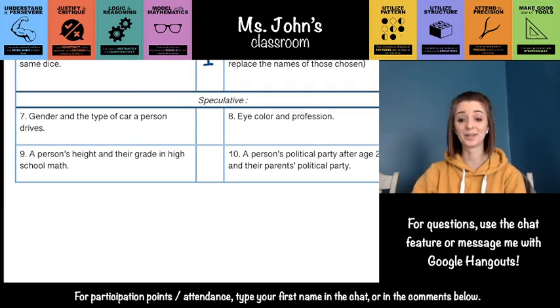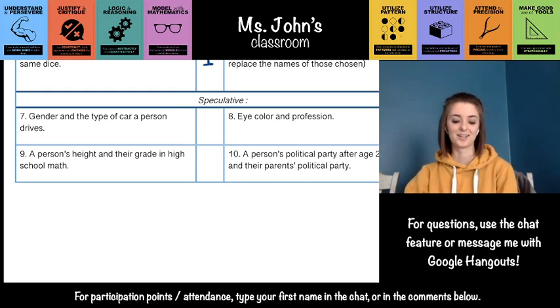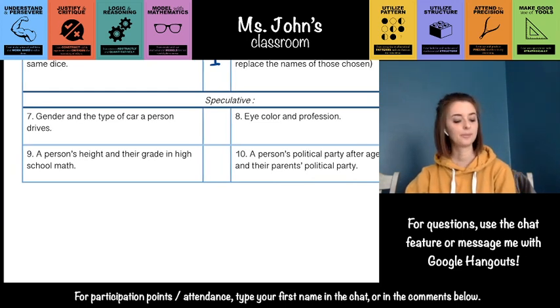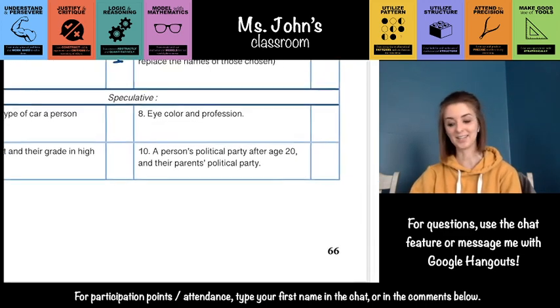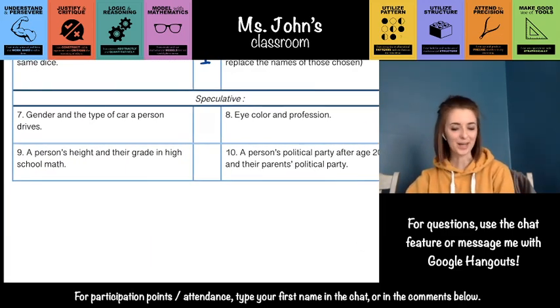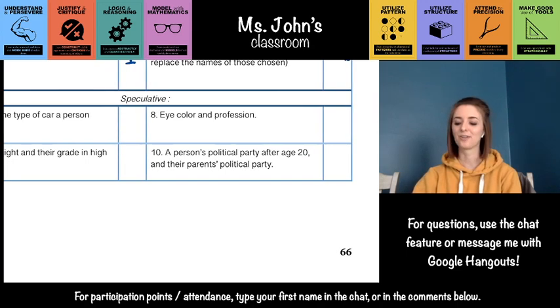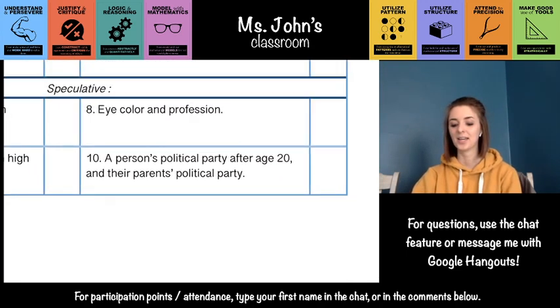I'm leaving these blank because I want you to put your own ideas on here. But number 9, a person's height and their grade in high school math. We need to know everyone's height, and then we can do a study. That one I would guess is independent. I don't think height and grade in math are actually related, but who knows?